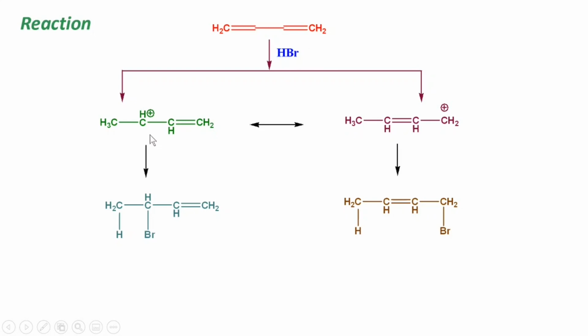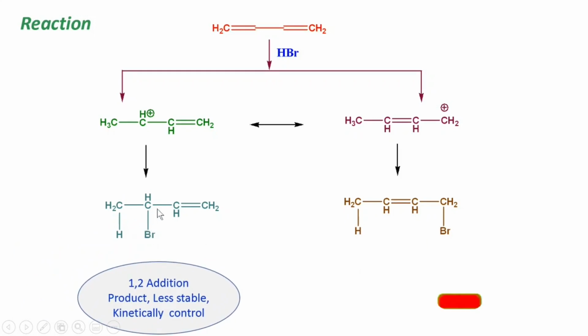In the first step, formation of an allylic carbocation takes place. In the second step, Br negative attacks this carbocation and formation of this product takes place. This carbocation rearranges into this allylic carbocation, and in the second step, Br negative attacks this carbocation and formation of this product takes place.